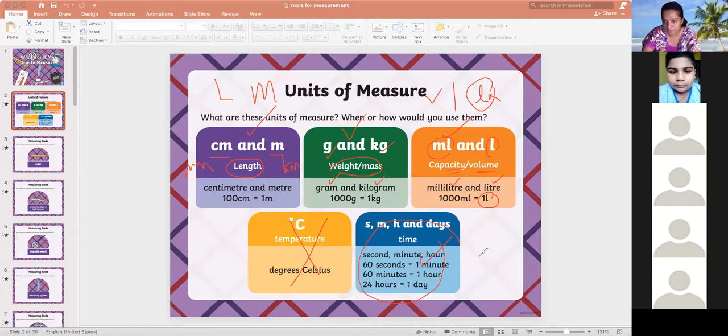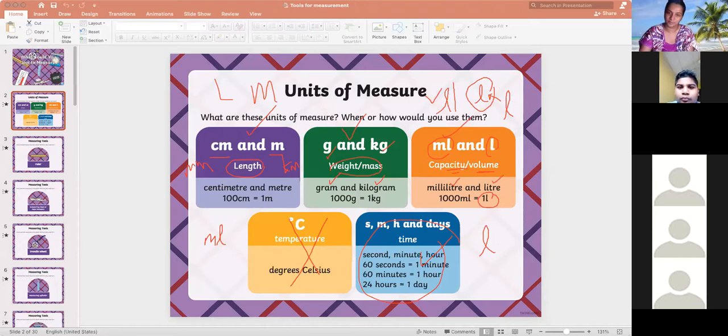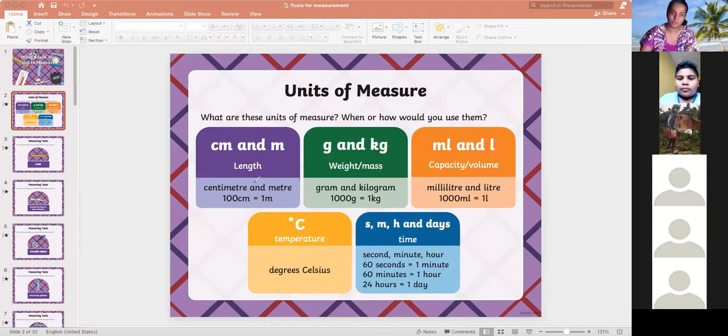How do you do it? Take your pencil, go up, make a curve, come down. Practice doing it like a pattern. That's to symbolize liter. Same goes with milliliter. So you write milliliter like that. Do you understand?